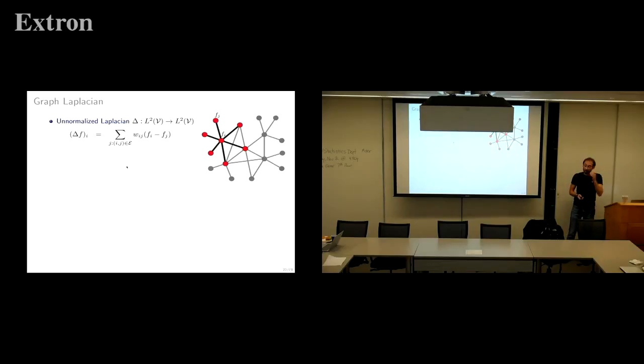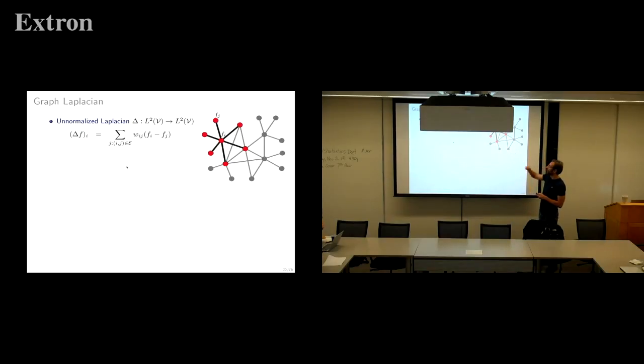A fundamental operator that we'll be using is the Laplacian operator. In this case, an unnormalized Laplacian operator is a way of looking at the local average of the function around the vertex and subtracting it from the value of the vertex itself. That's the way it is written. W, I remind you, are the edge weights on the graph.